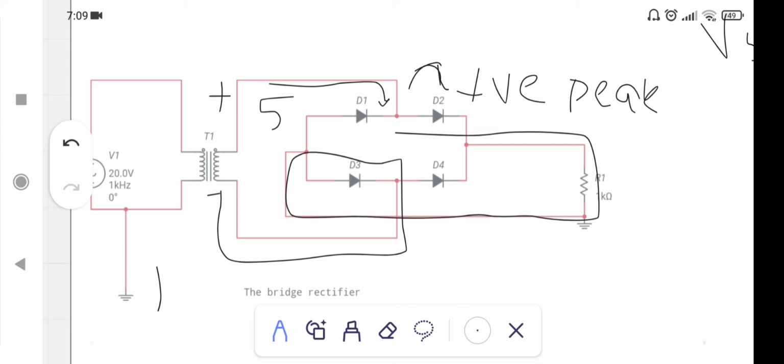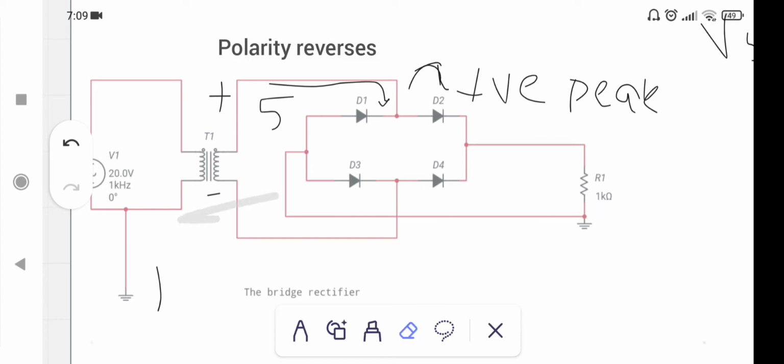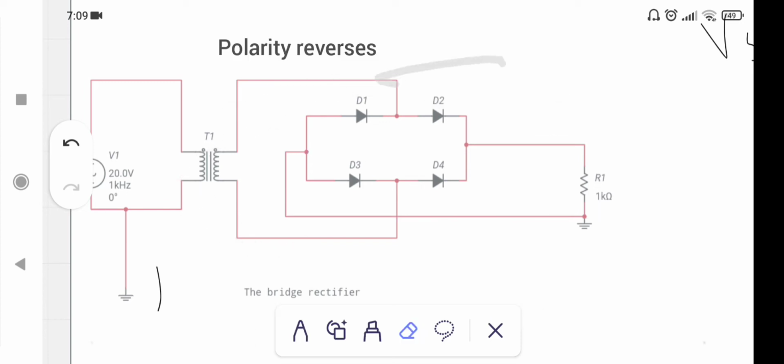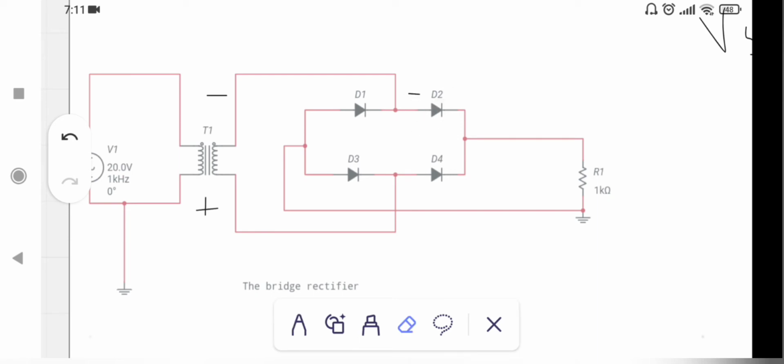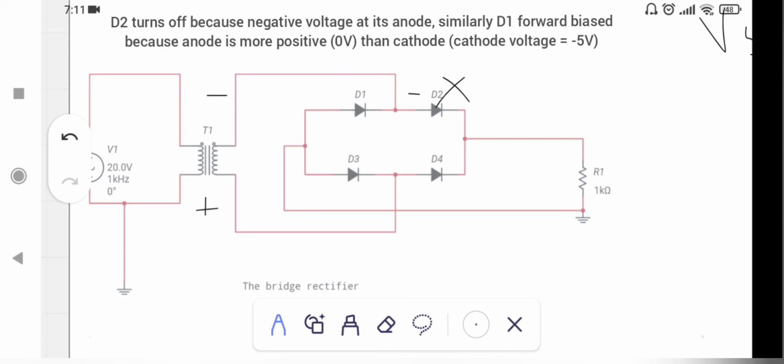Now what happens when the negative peak appears? Polarity reverses. You can see there is a negative polarity at D2. So this is the anode of D2, and it has negative polarity, so it is non-conducting in this cycle.